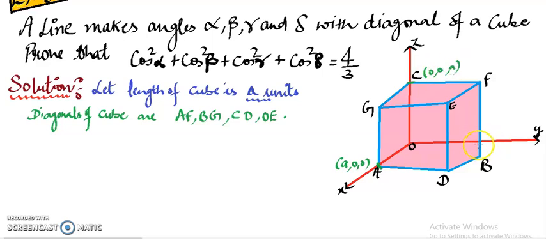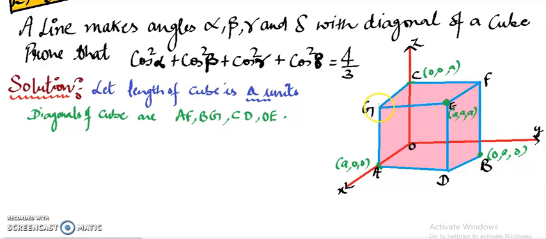And this vertex B is on the y-axis, so it is 0, a, 0, right? And the origin is 0, 0, 0, as you know. And this is the point which is in all the 3 axes, so E point is a, a, a.